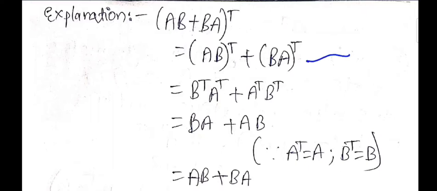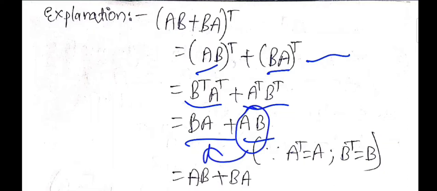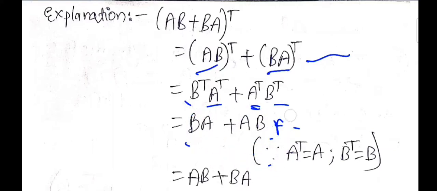Then, by the property I told you, when two matrices are multiplied we have to invert the order. So it becomes B transpose A transpose plus A transpose B transpose. Then again I have changed the order, writing this term here and this term here, so you will get AB plus BA eventually instead of BA plus AB.